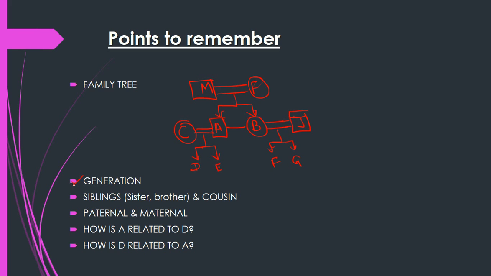Now let's see the generations. This is the first generation. Initially M and F come, they are married, and after their marriage they have children A and B. Then A is married to C, and B is married to J. A and C have children D and E, and B and J have children F and G. So the second generation will be this complete line, and the third generation will be this.